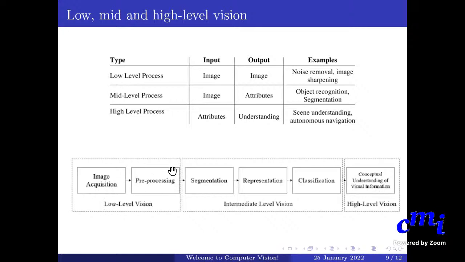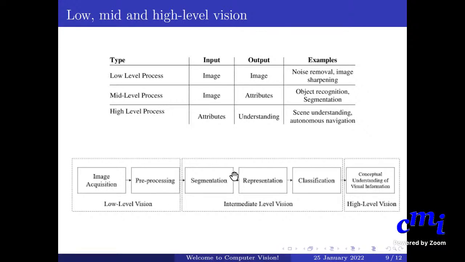What you do in this step is prepare the image for the next step. For example, if you want to do segmentation, you could increase the contrast so that it becomes easier for your algorithm to detect edges. That is part of pre-processing.